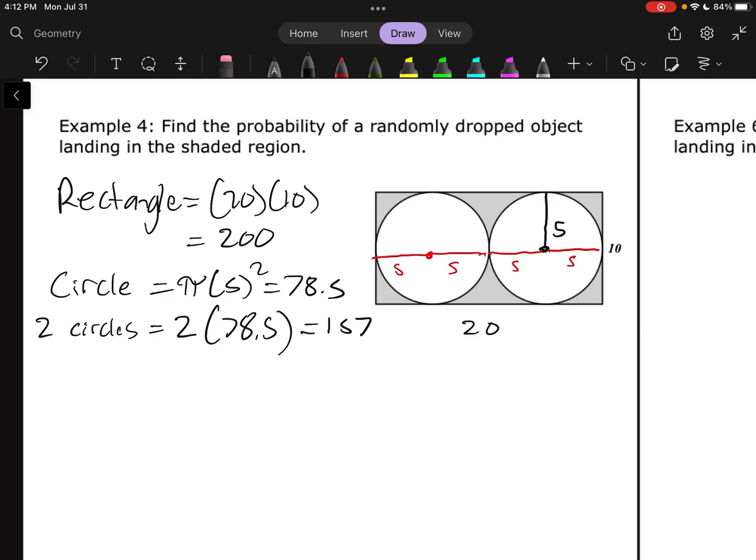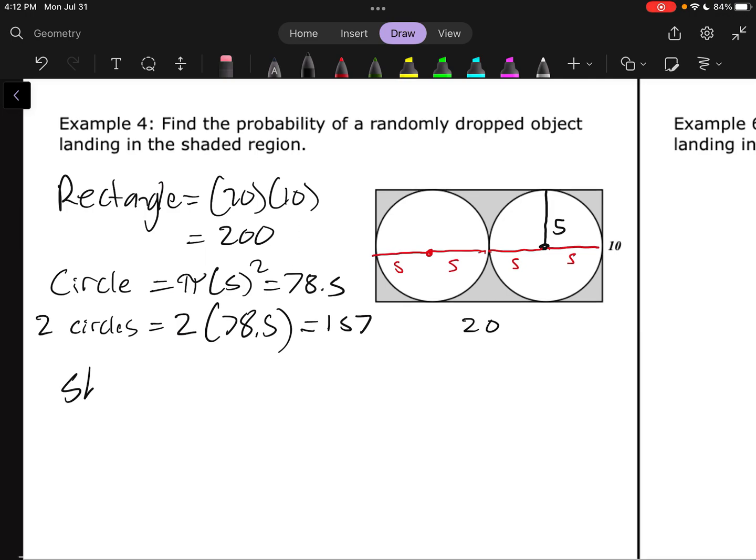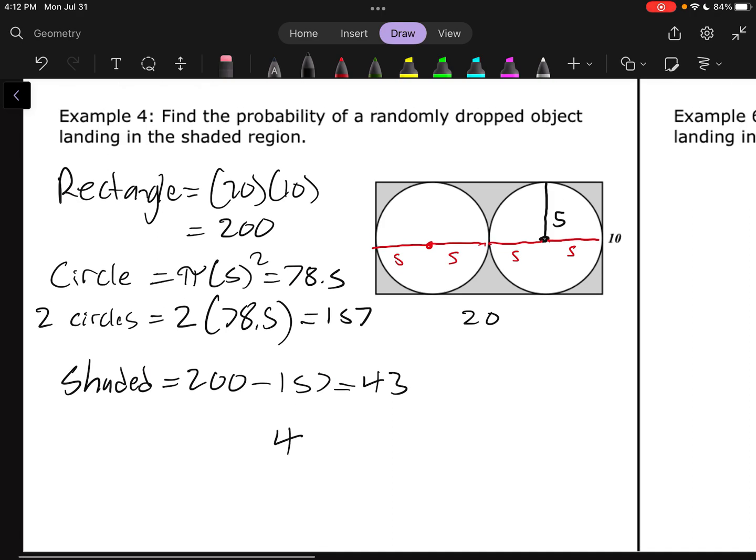And then we need to find the shaded part. So the shaded part is made up of the rectangle, which was 200, minus the two circles. So that's going to be 43. Now we just need to do shaded divided by total. So that's going to be 43 divided by 200, which gives me 0.22, which would be 22%.